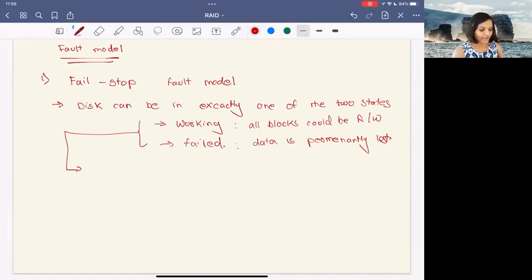But we cannot deal with the failure until we know that it's a failure, right? So when we talk about the fail-stop model, and when we say that the disk has failed, let's assume that we can easily detect when the disk fails, and we have some mechanism already in place to do that.